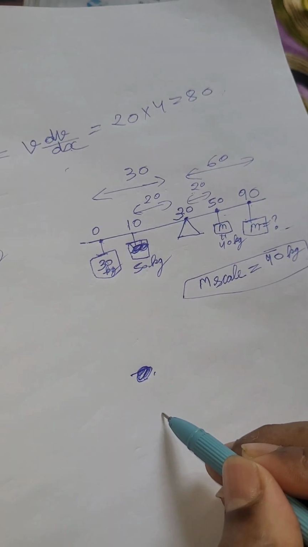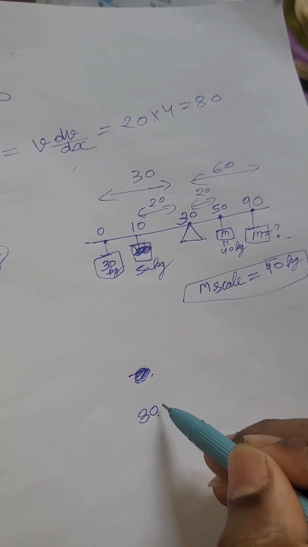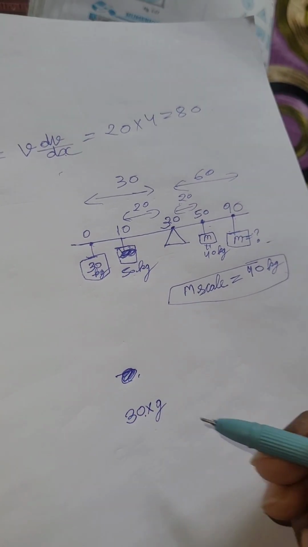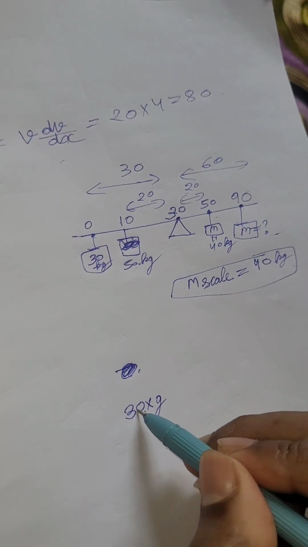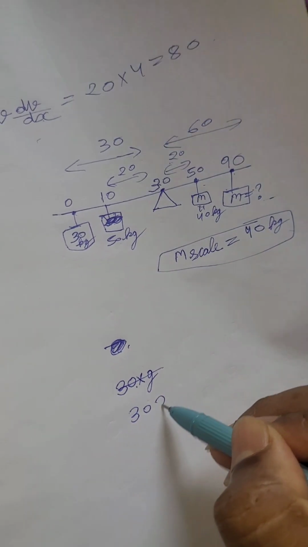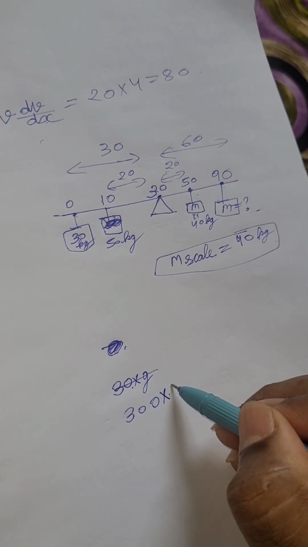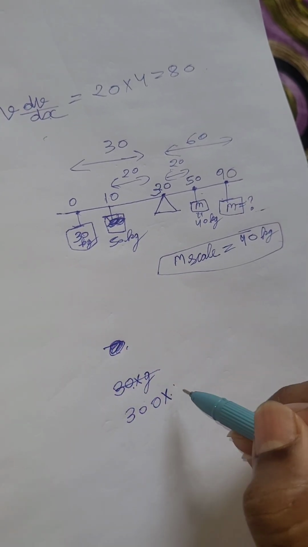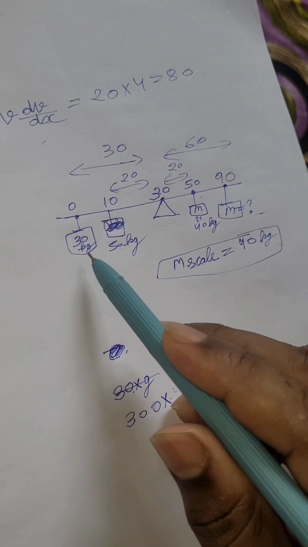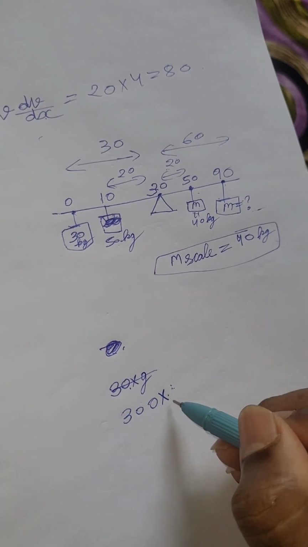So first, 30 kg into g, equal to 10. I am taking it 10. So 300 force, I am writing the weight or force applied by 30 kg. It is at a distance 30.